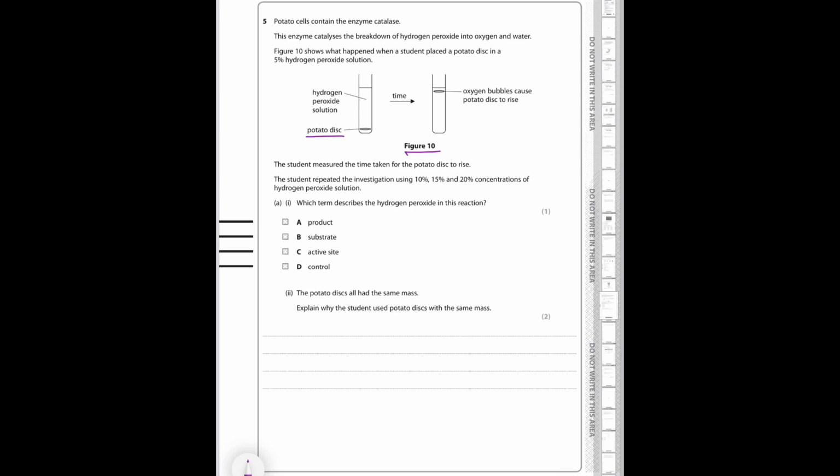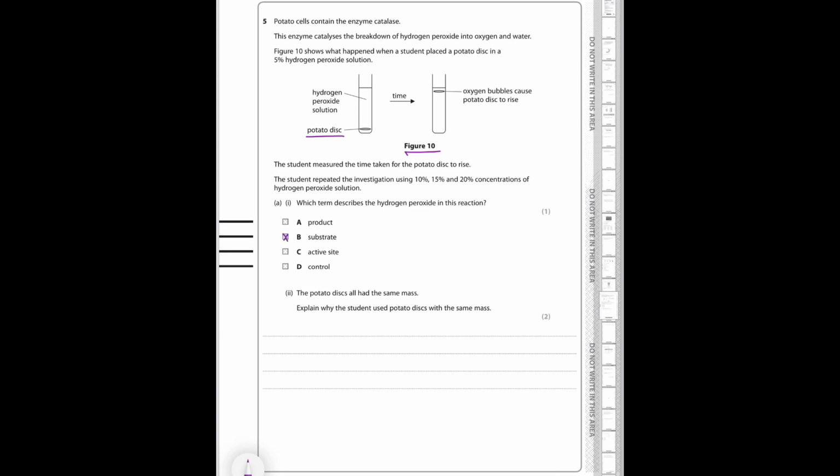The student measured the time taken for the potato disc to rise, and then repeated the investigation using 10, 15, and 20% concentrations of the hydrogen peroxide solution. Which term describes the hydrogen peroxide in this reaction? So the hydrogen peroxide would be the substrate.